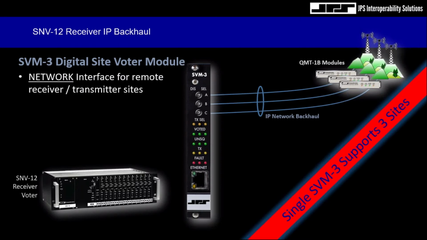So if you were to fully populate a single SNV12 chassis with 12 SVM3 digital site voter modules, you'd be able to support up to 36 receiver sites in a single chassis. And you can even stack 3 chassis together for a multi-chassis solution to support up to 60 sites.